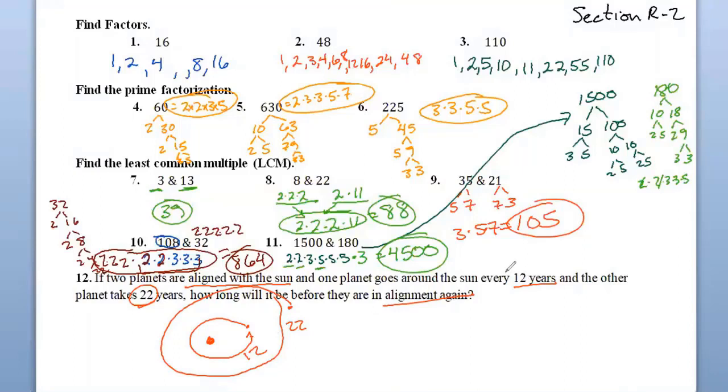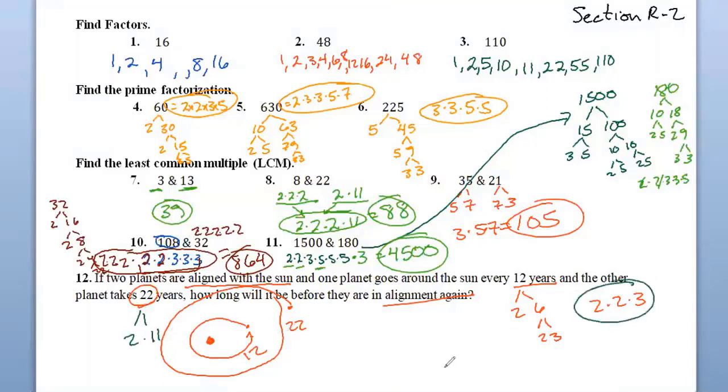So we've got to find the least common multiple of 12 and 22. This guy is 2 times 6, which is 2 times 3, so 2 times 2 times 3. And the other guy is 22, which is 2 times 11.